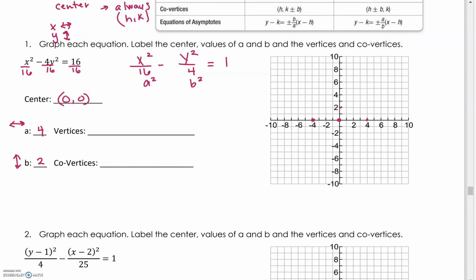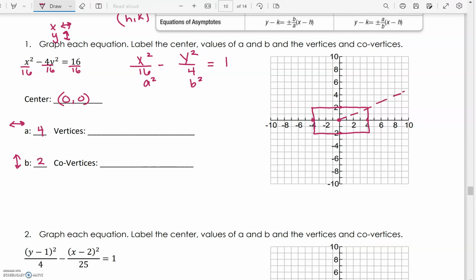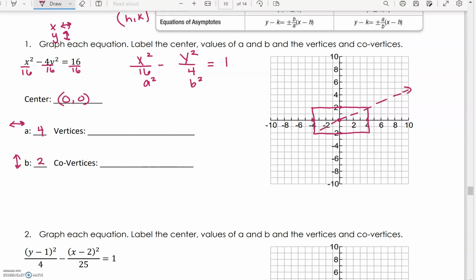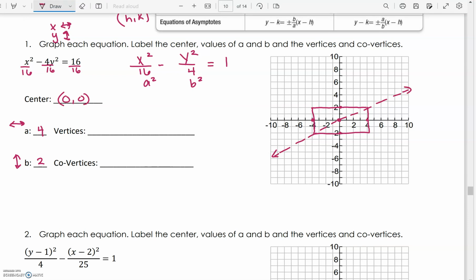We're going to go up 2 units and we're going to make a rectangular box. And then through the vertices, we are going to draw a dashed line in both directions.